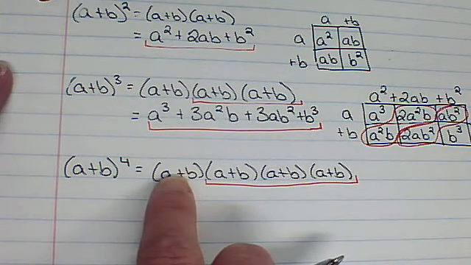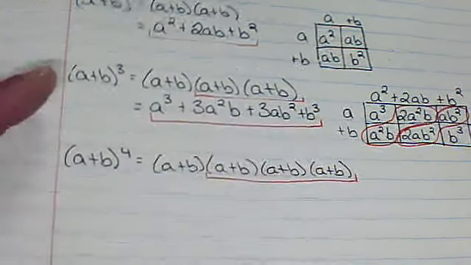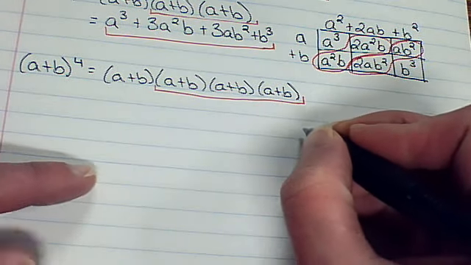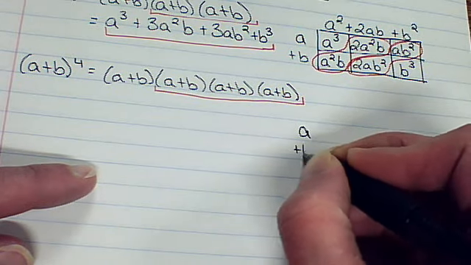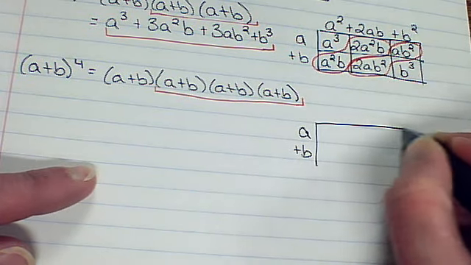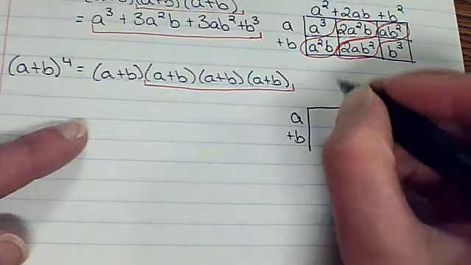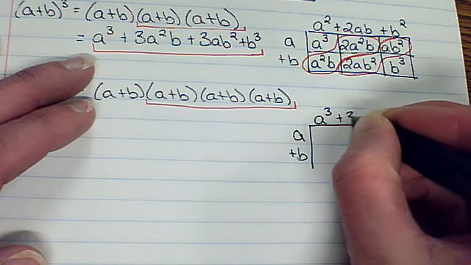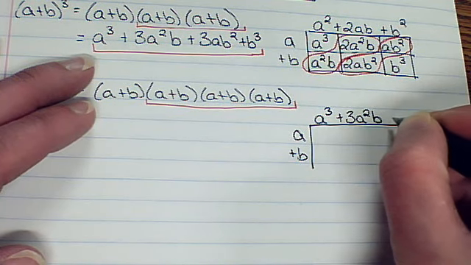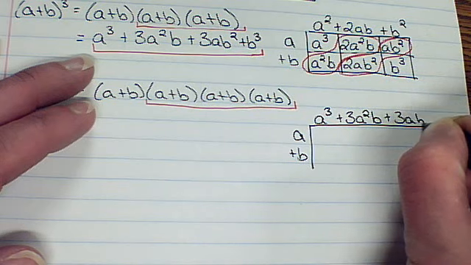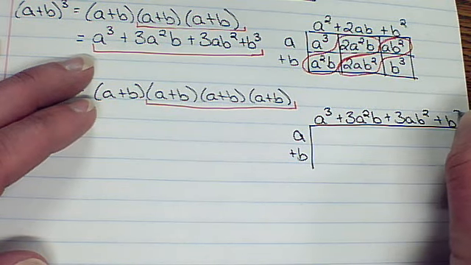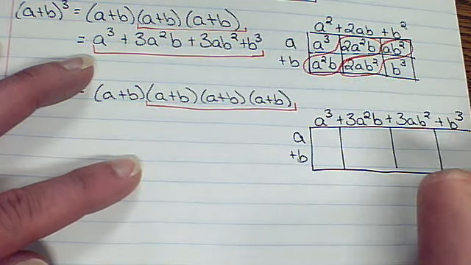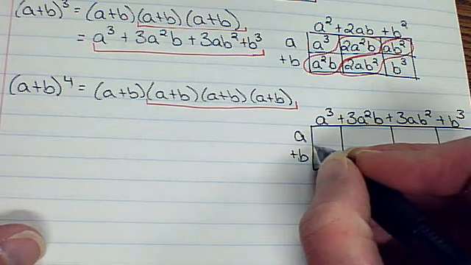Now all I need to do is multiply a plus b times what we got the last time. So I would have a plus b, and I don't know if I gave myself enough room, so I'll have to go all the way to the edge of the page. And our answer from last time was a cubed plus 3a squared b plus 3ab squared plus b cubed. And now all we need to do is multiply.